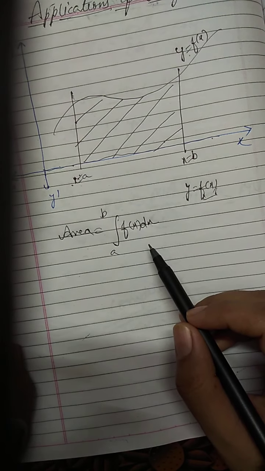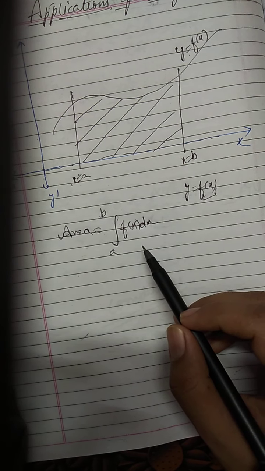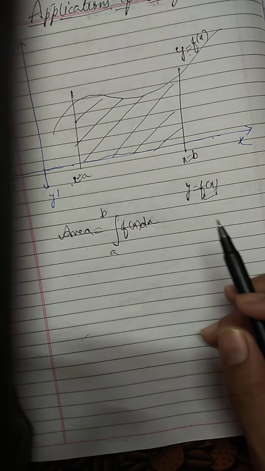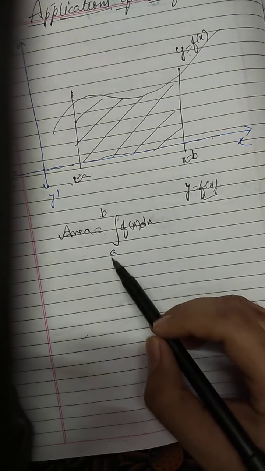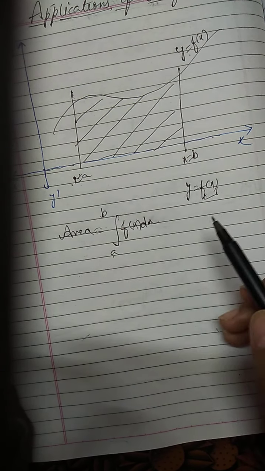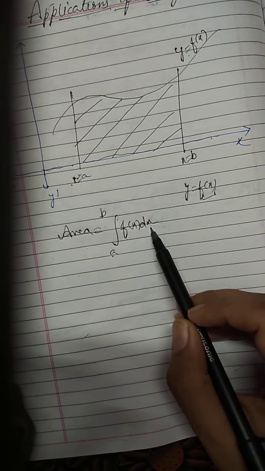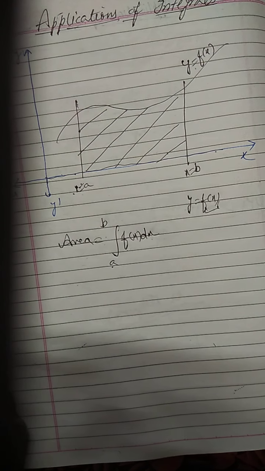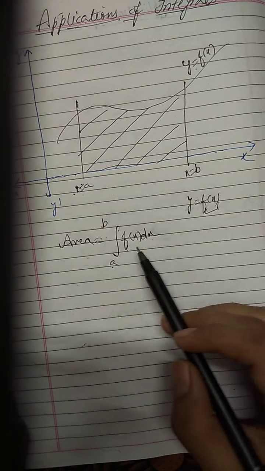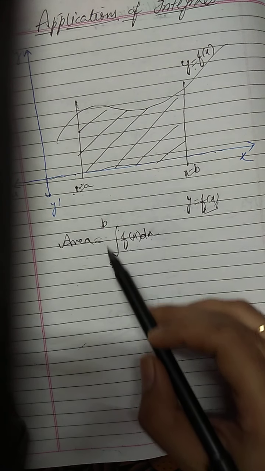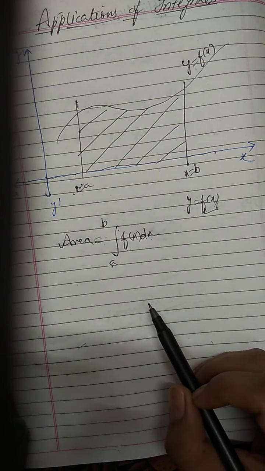And in our chapter integration, when we discussed definite integral, we have done many sums like this, integral a to b, where a and b will be some values. If the function is in terms of x, the variable of integration also will be x only, which we can integrate. After that we can apply our limits to get the answer.